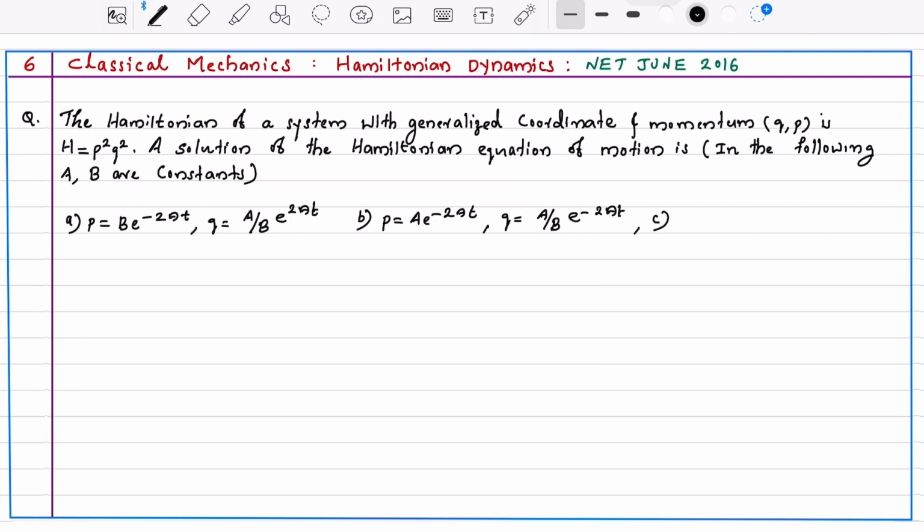Option C: p is equal to a e raised to 2at and q is equal to a by b e raised to minus 2at. The fourth option is p is equal to 2a e raised to minus a squared t and q is equal to a by b e raised to a squared t.